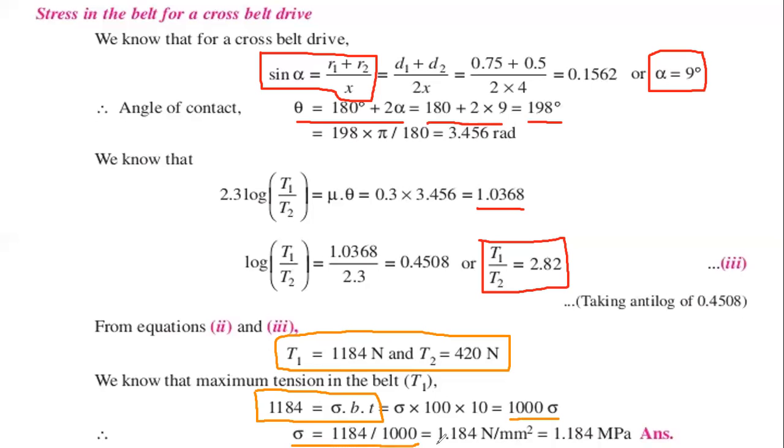So we obtain 1.184 Newton per mm square, that is 1.184 megapascals. That is the value for the maximum tension in the belt.